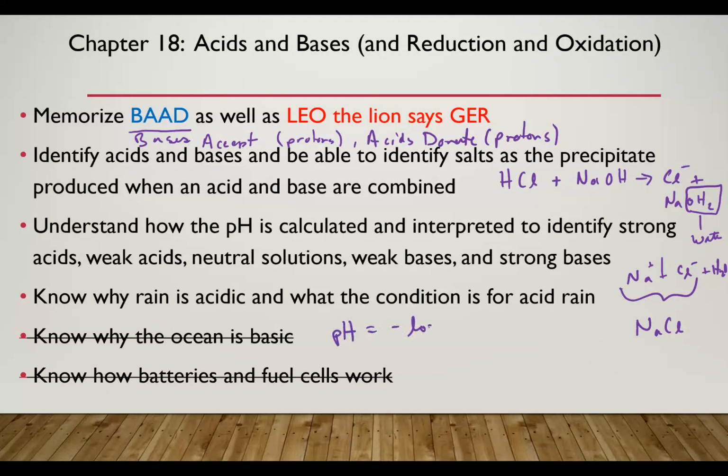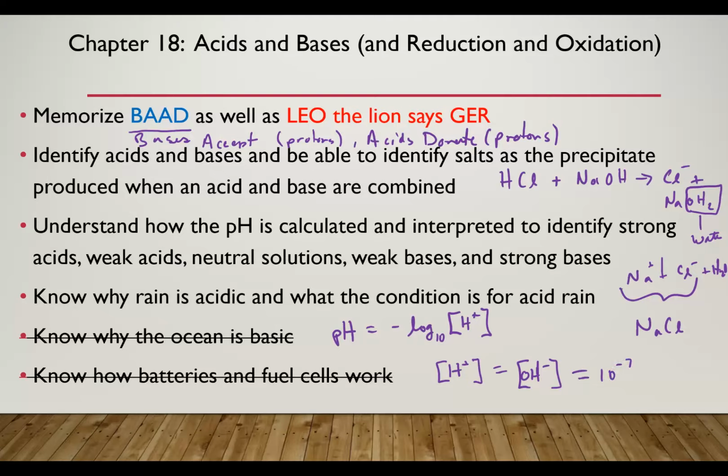Now pH is minus the log base 10 of the concentration of hydrogen protons. So the concentration of hydrogen ions in water, if I have water, I'm going to have the concentration of H plus is equal to the concentration of OH minus is 10 to the minus 7.